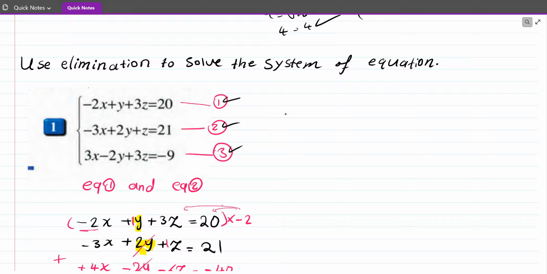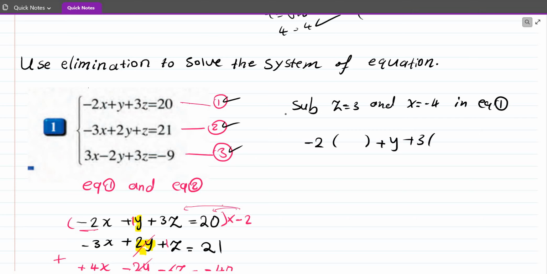If we pick equation 1 as an example, substitute z equals 3 and x equals negative 4 that we just found. We have negative 2x plus y plus 3z equals 20.